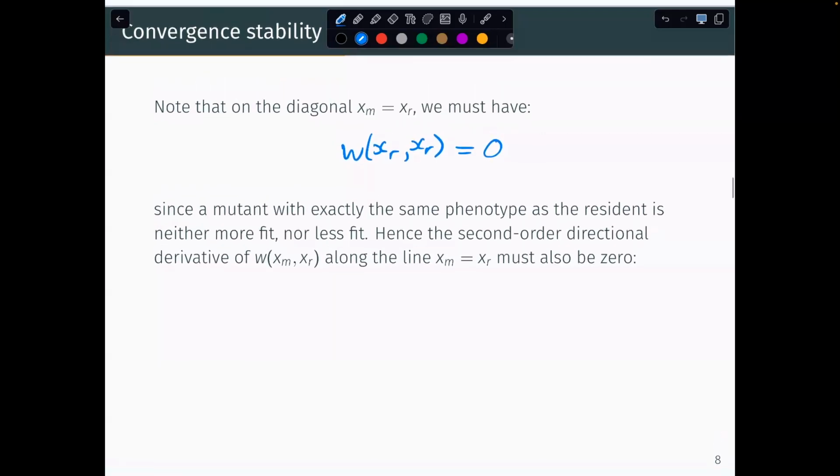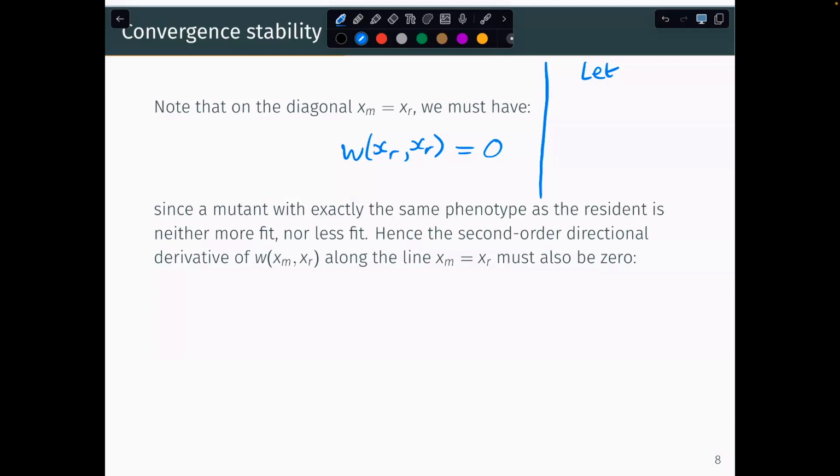Okay, so I'm probably going to run out of space here, so I'm actually going to write it up here. What we're going to do is calculate our second order directional derivative of invasion fitness along this main diagonal and set it to 0.